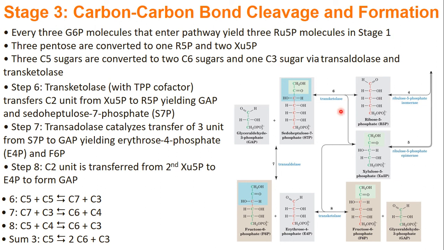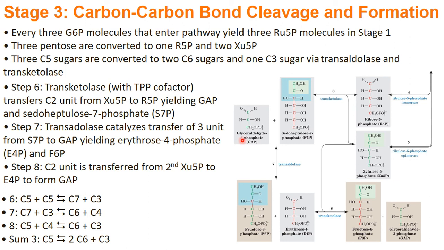Our first reaction is a transketolase. TPP, which we talked about in a previous video, is our cofactor here. And what we're doing is taking one molecule of R5P, one molecule of XU5P. We're chopping off 2 carbons from XU5P and giving it to R5P to make sedoheptulose 7-phosphate, or S7P, and glyceraldehyde 3-phosphate, or GAP.